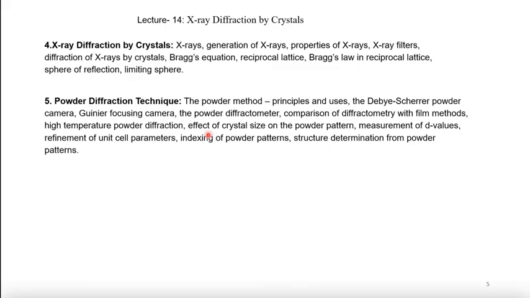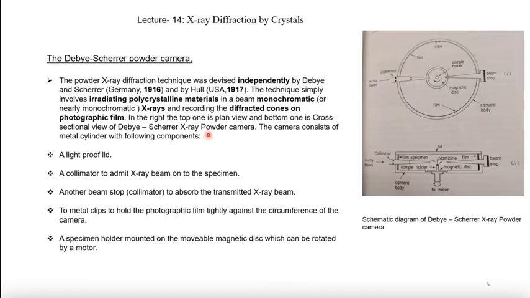To start now, the powder diffraction techniques. This is a very old one, from the very early days when the X-ray diffraction technique was being used in characterizing solid materials.